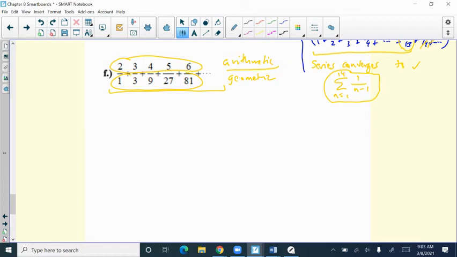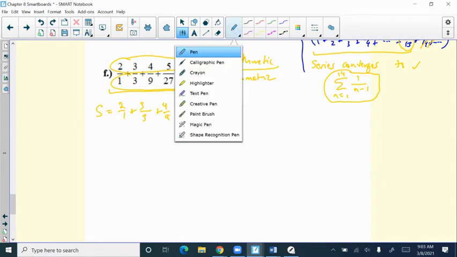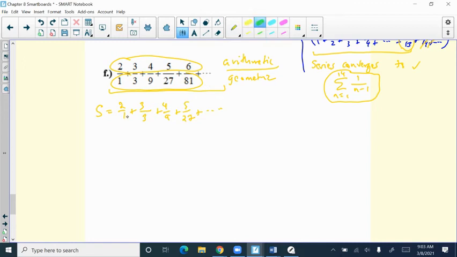So the way to do this, if you remember, is I just called what we're looking for S, for sum. I'm just rewriting this here. And then whatever the geometric part is, I'm noticing the geometric part is multiplying by 3, right?